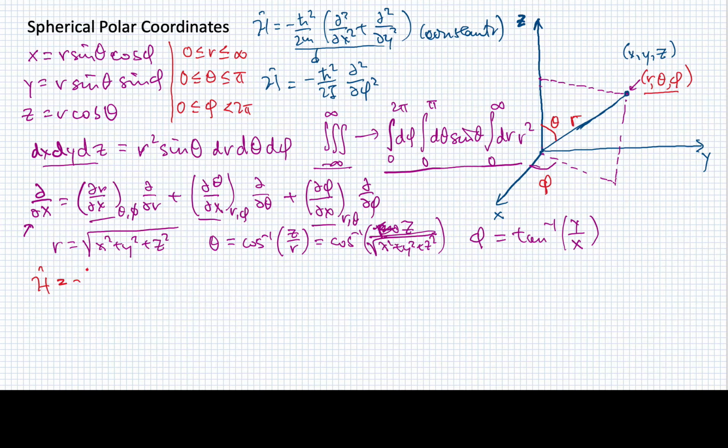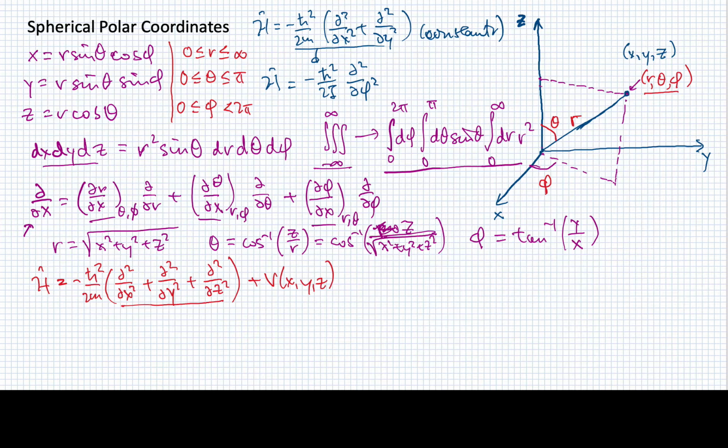We'd have the Hamiltonian is minus h bar squared over 2m times the sum of 3 second-order derivatives in x, y, and z. And I can tell you that this is going to be true for every Hamiltonian in 3 dimensions. And we may have a potential that also depends on x, y, and z. All right, but this particular combination of things is very, very common.